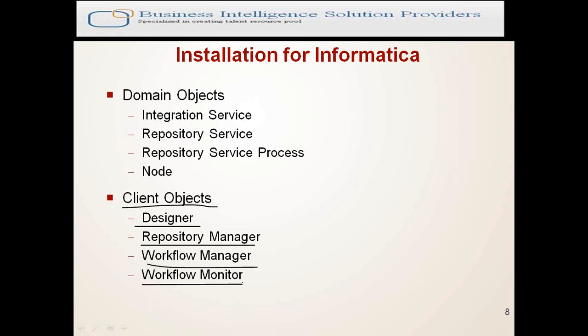And workflow manager will give you how to load, what type of tables. Designer is where you define the mapping, and the monitor, once you start the job, will show you what type of job is running.